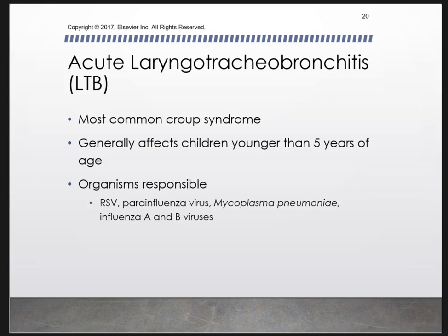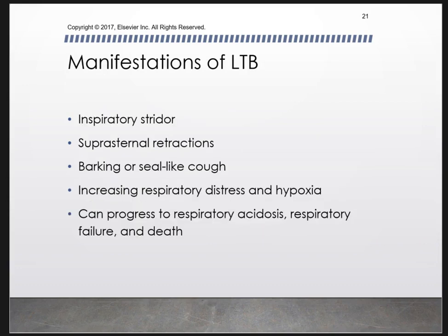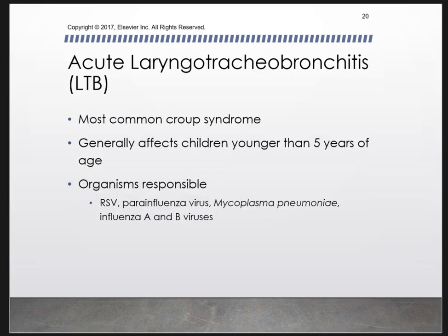Now, acute laryngotracheal bronchitis or acute LTB is the most common croup syndrome. It's going to typically affect your kids younger than 5. There's a couple of different organisms listed here that are common. So overall, your signs and symptoms, you're going to start as an upper respiratory infection.